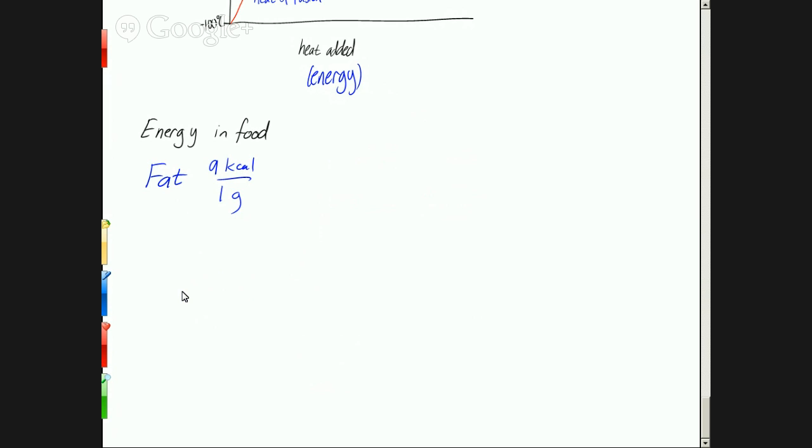So when you eat a gram of fat, you're ingesting 9 kilocalories of stored energy. Now, if your body uses that, then it's burned and you feel that energy. But that's the actual stored energy in there. That also means that you can measure that. You can burn food, and then the energy given off by that burning food is the energy stored within there. So fat is 9 kilocalories per gram.